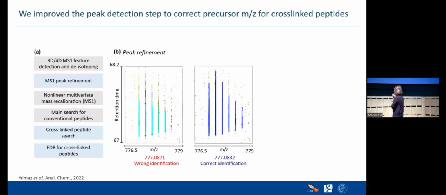So we expanded these gaps, and then you can improve the MS1 peak detection, and we made some improvement in the identification rate for cross-linking. Later I will show where you can enable this function for cross-linking as well.